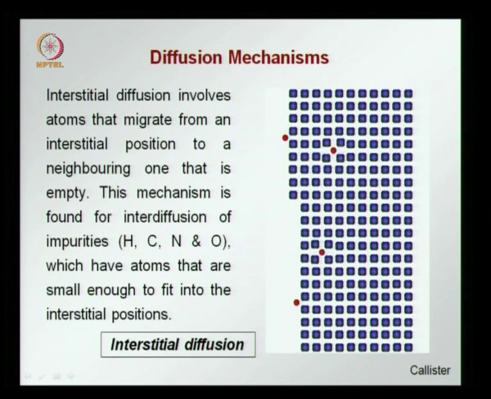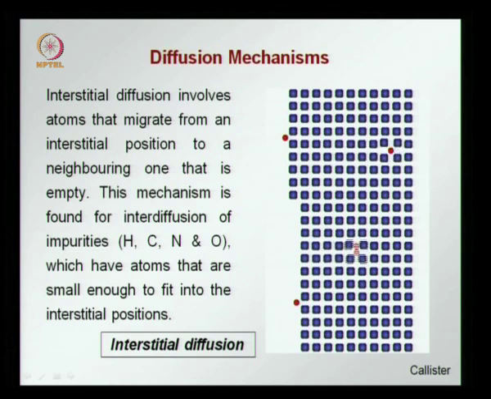We have two possible ways that diffusion can occur. Interstitial diffusion is where the atoms migrate in the space between the parent structure. So, interstitial diffusion involves atoms that migrate from one interstitial position to a neighboring one that is empty. So, you see that in the lattice formed by the blue atoms, you have these small red atoms moving in the interstices, that is the space between the blue atoms.